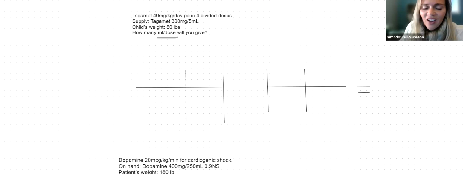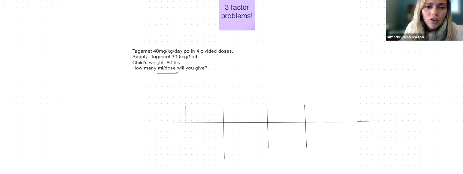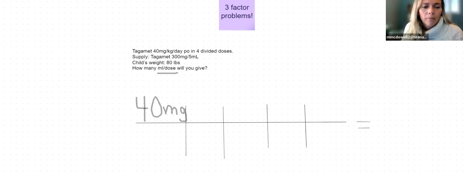So we're going to do this just like every other problem. Just start in order. Always be like Dory, you know, they keep swimming and swimming and swimming. We're going to be converting and converting. So bear with me. All right. Our order in this one, or our given quantity, is 40 milligrams per kilogram per day.